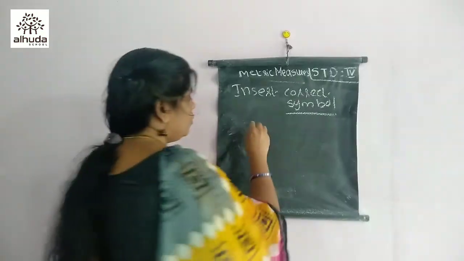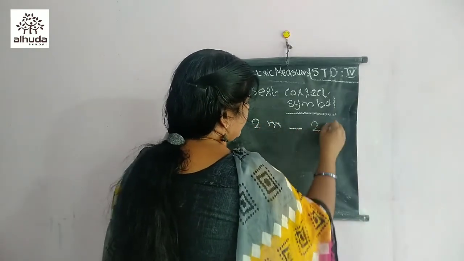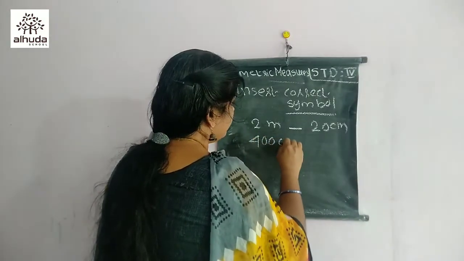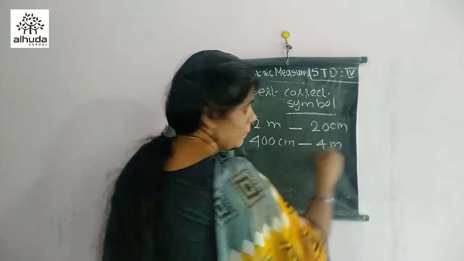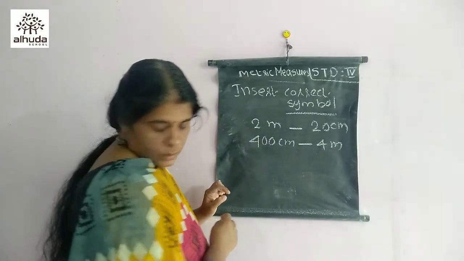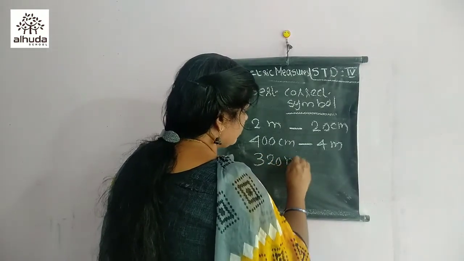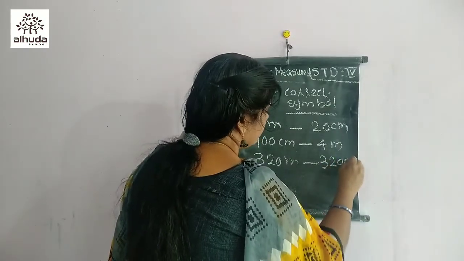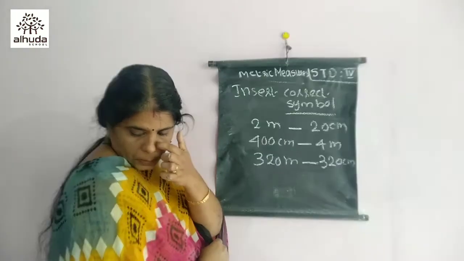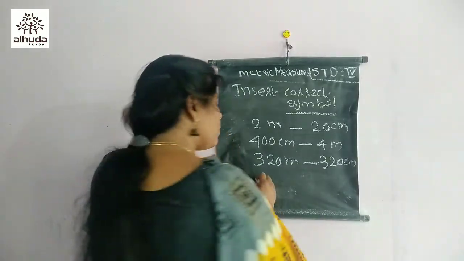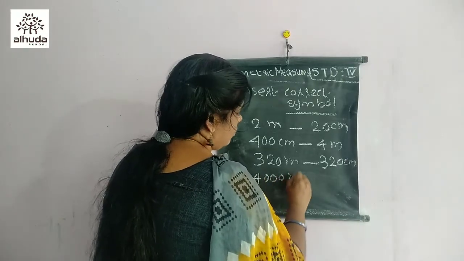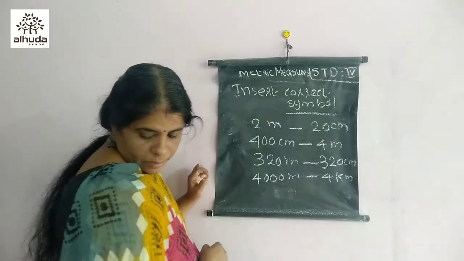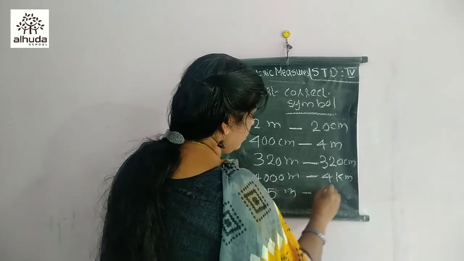For that: 2 meter, 20 centimeter; 400 centimeter, 4 meter; 320 meter, 320 centimeter; 4000 meter, 4 kilometer; 5 meter, 5 centimeter.